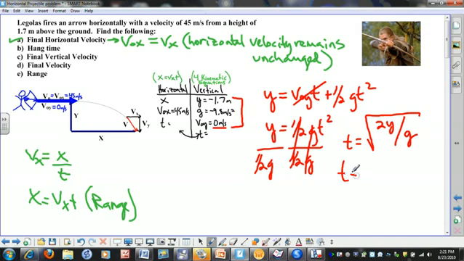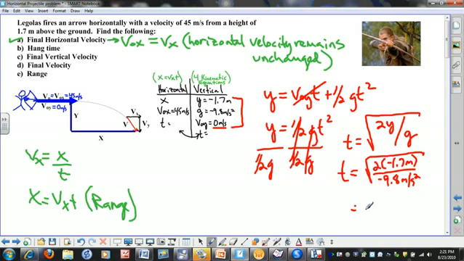If we plug that in, we get the square root of 2 times negative 1.7 meters over negative 9.8 meters per second squared. And we work that out: 2 times 1.7 divided by 9.8, and then take the square root of the answer.